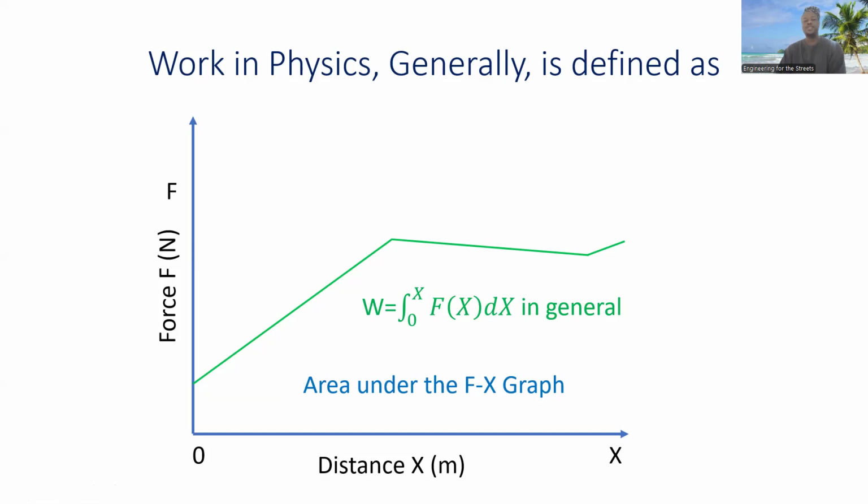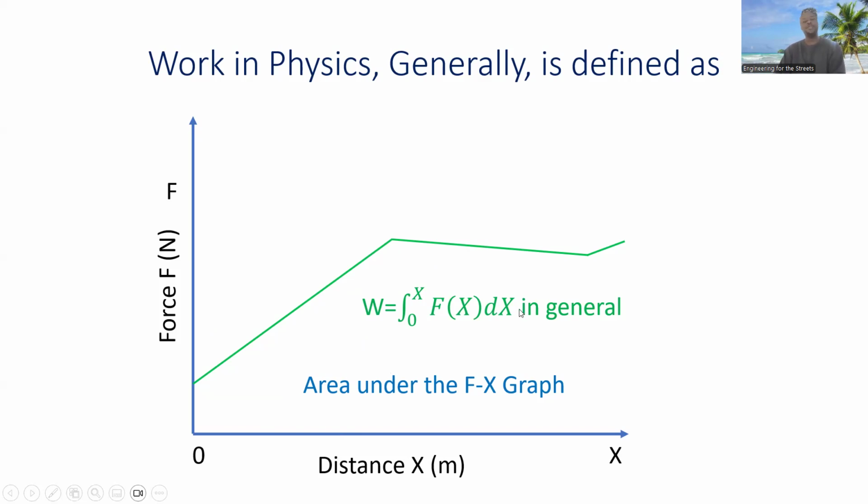Now, if you use what they call the trapezoidal rule, that is, if you discretize, if you cut this total area into small parts, and then you calculate the area under each small segment, and you add them up, it becomes the work done.